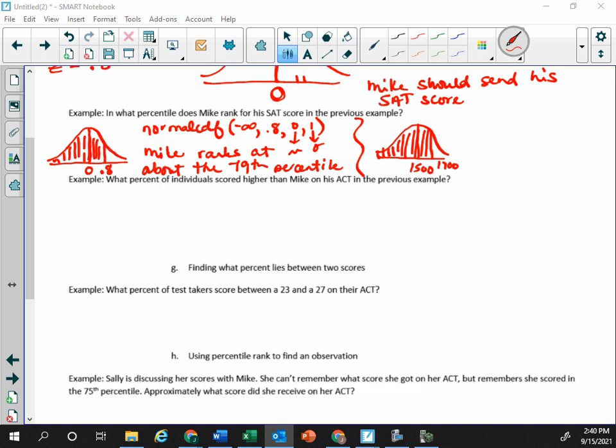Check with each other if you haven't already. What percentage scored above him? What do you guys think?